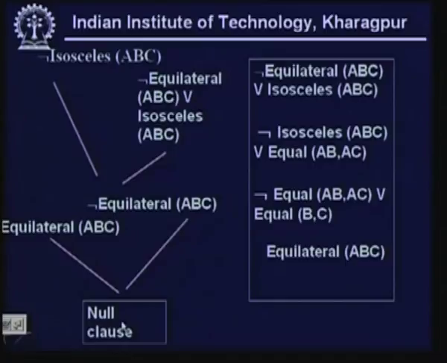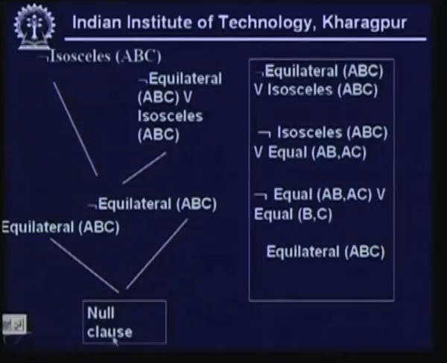And let us stop for a second and think of what is the significance of this null clause. The significance of this null clause is that I have arrived at a contradictory situation, a situation that is not supported by the given set of facts. There were a given set of facts like this, and I started with a premise not equal BC.